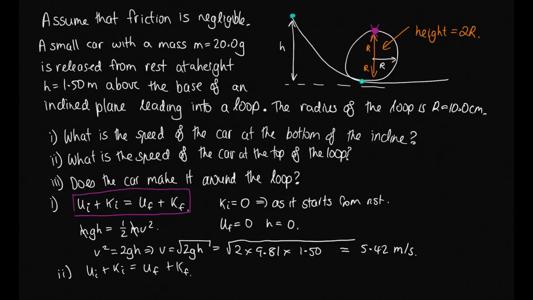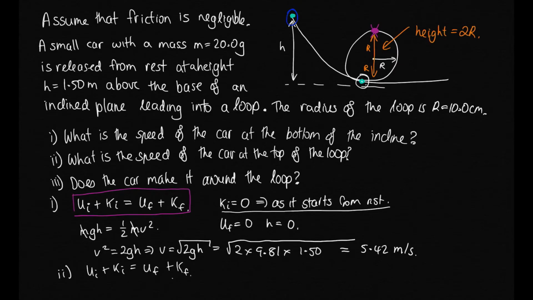So probably the easiest 2 points to use, because we need an initial point and a final point, we could use the bottom of the ramp here because we know what the kinetic energy is, but it's probably slightly easier to use the top as our initial point. So at the top, we know that the kinetic energy is 0. That hasn't changed.